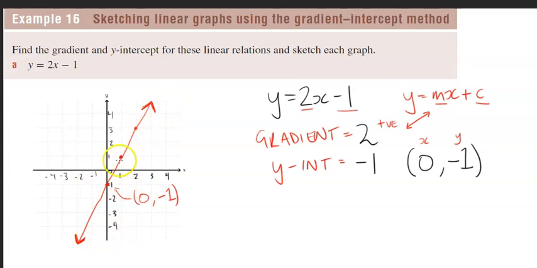The only reason why we stopped is because that's the amount of room we have for the set of axes that has been provided. If we used a bigger set of axes, we would have to sketch it from end to end. The third thing you need to consider is always writing what the equation is next to the line. In this case, this is y is equal to 2x minus 1.